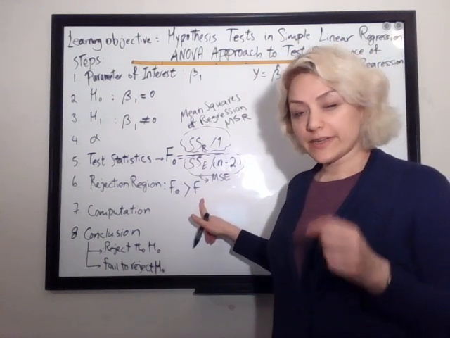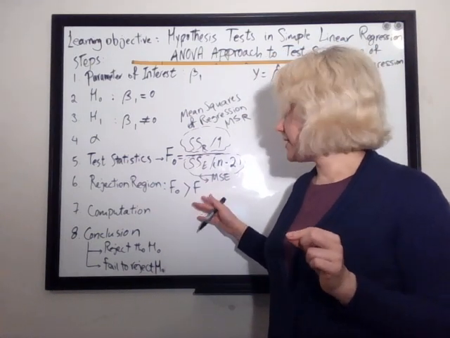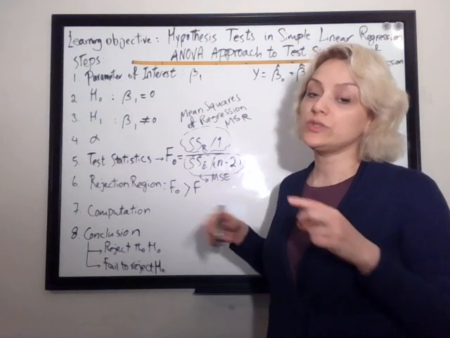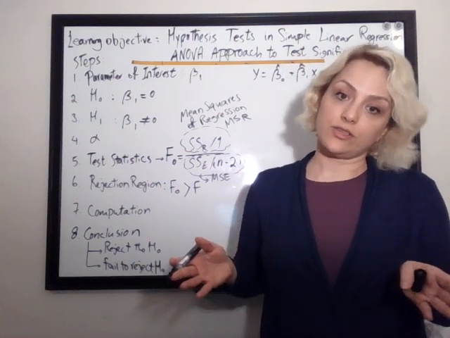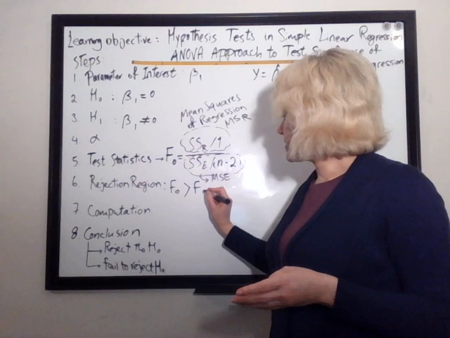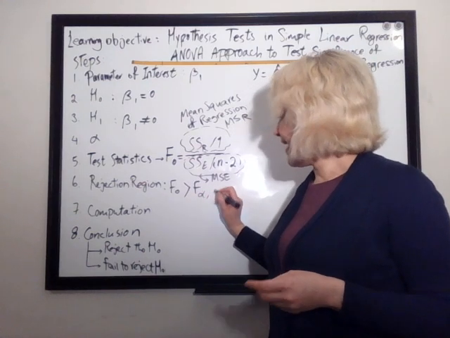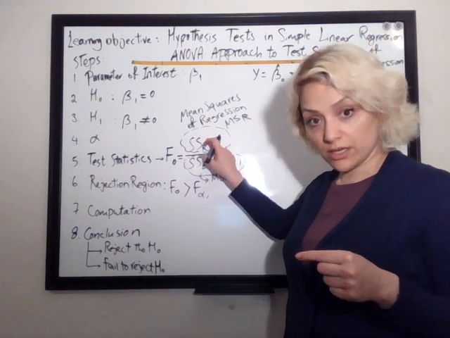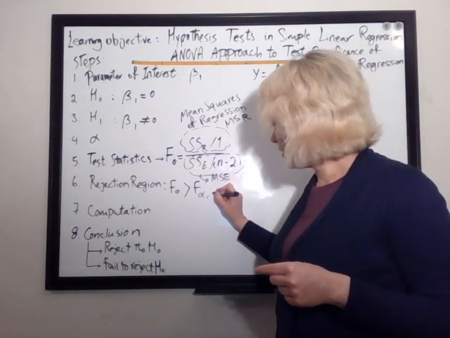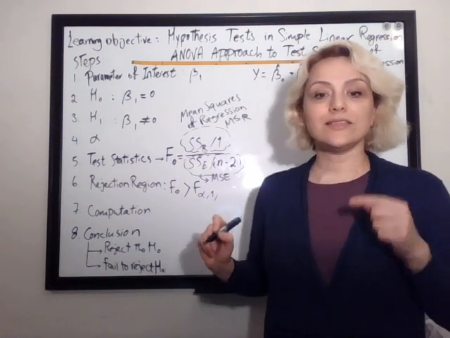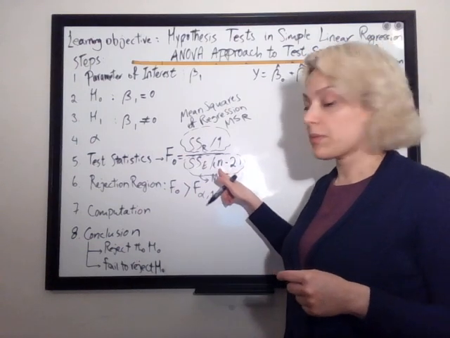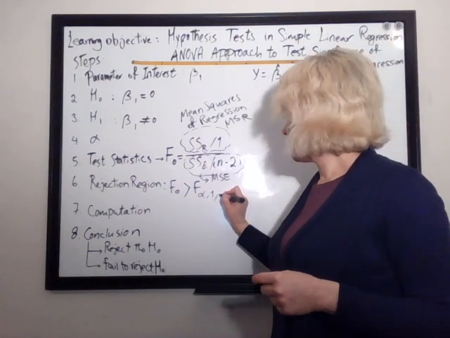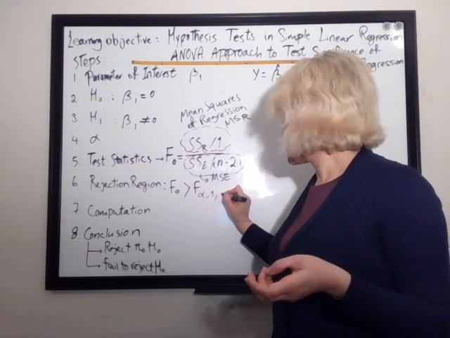The F table is very similar; the only difference is that here you work with two different degrees of freedom. It is F at alpha, with the degree of freedom of your regression, which is 1 here, and the degree of freedom of your error or residual, which is n minus 2.